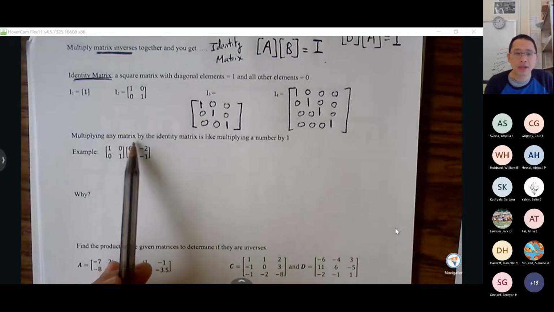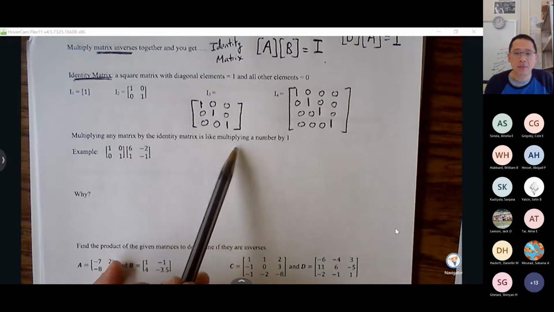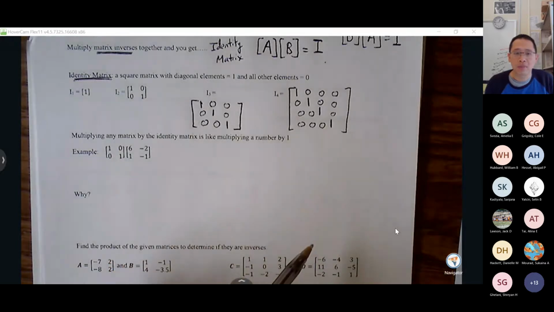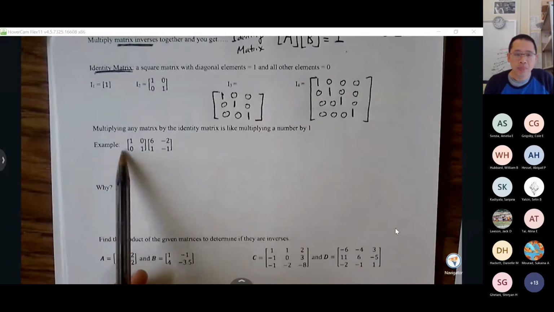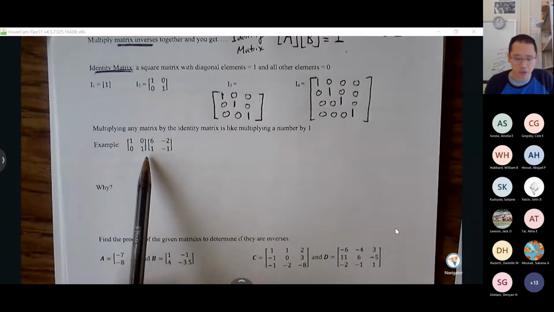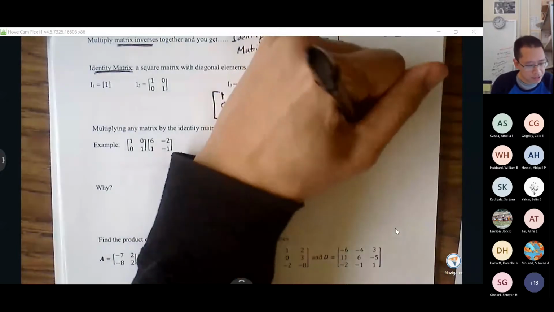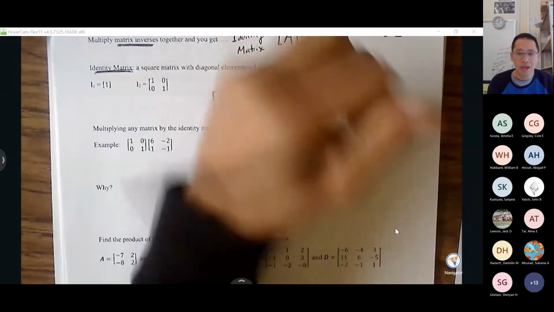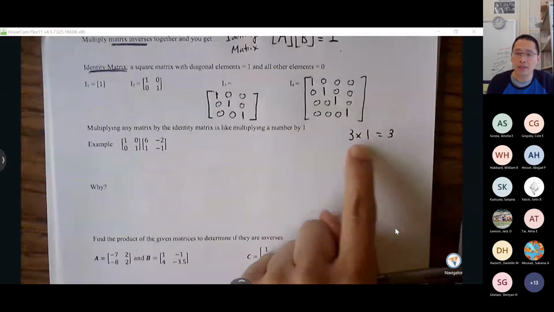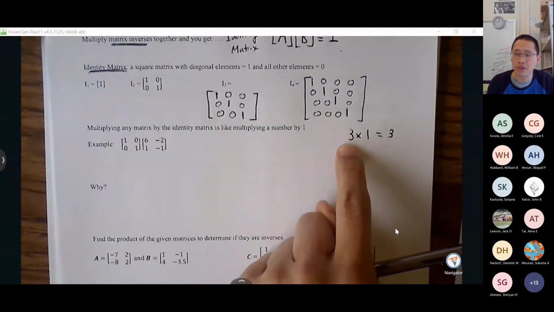This is saying multiplying any matrix by the identity matrix is like multiplying by 1. Okay, sorry, my bad. So let's say I were to multiply 3 times 1. 3 times 1 is equal to 3, right? If I were to multiply anything by 1, I'm not going to change the value of what I started with.